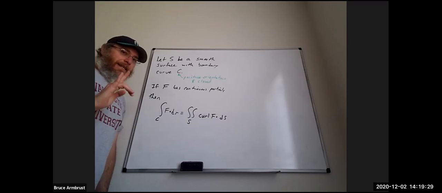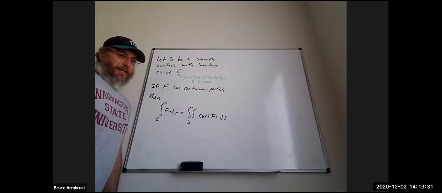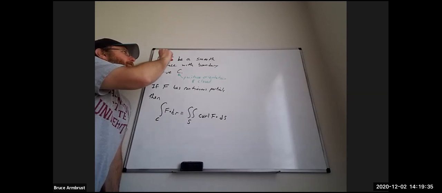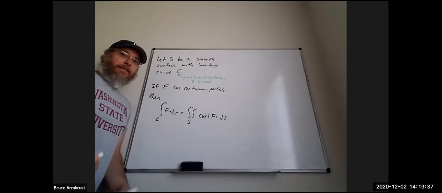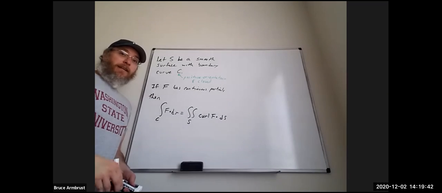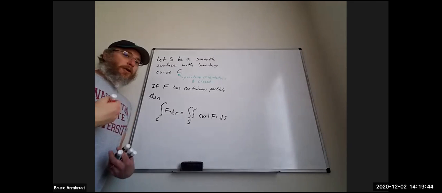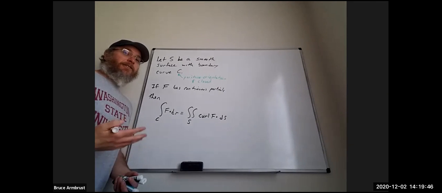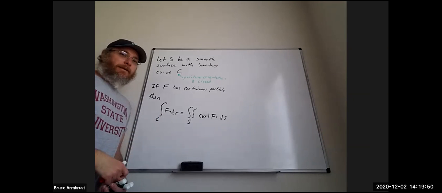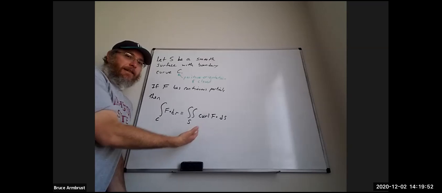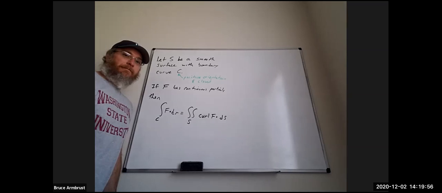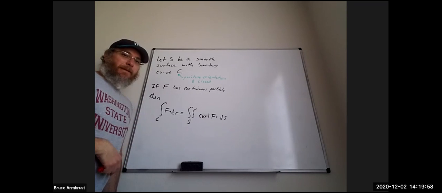All right, but this is where this gets really interesting: notice that this surface and this boundary, it doesn't say how the surface looks other than at the boundary. And so you could have different surfaces that all share the same boundary curve, and they're all going to end up getting the same curl if you integrate over that surface. And to me, that kind of blows my mind.